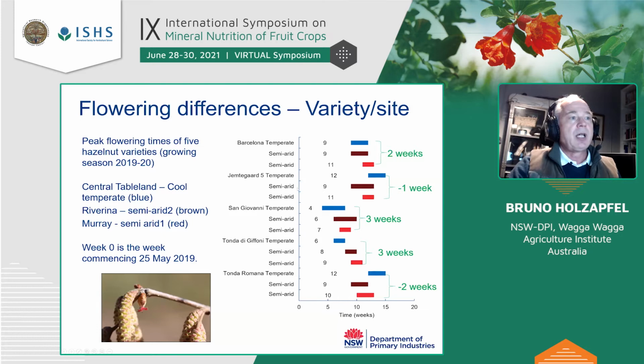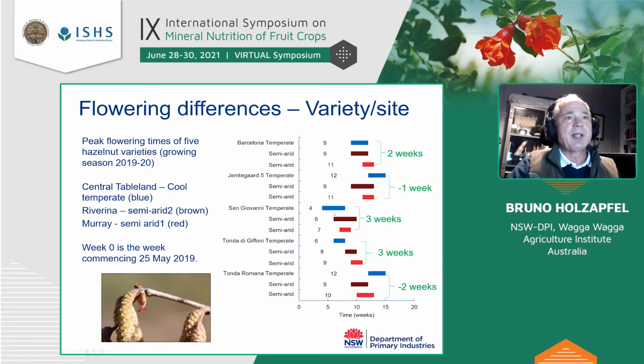If you look at Barcelona, there are some differences in flowering dates. One of the semi-arid sites, the Murray, is a bit later than the other two, but this is not always the same for every variety.